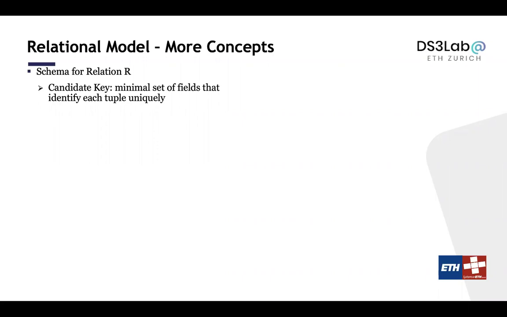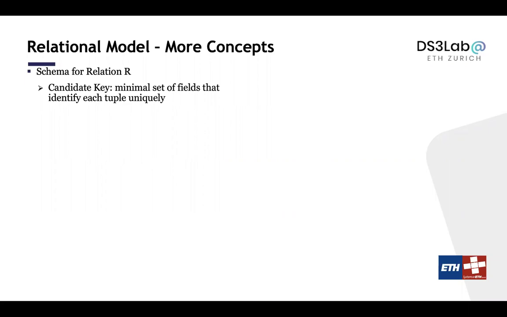So each relation contains a whole bunch of candidate keys, and each candidate key is a minimal set of fields, minimal in the sense that if you remove any attribute from a candidate key, it cannot be a key anymore, okay? Candidate key is a minimal set of fields that identify each tuple in the relation uniquely, in the sense that if I know the value of this set of fields, I should be able to uniquely identify all the other values in all the other attributes, right?